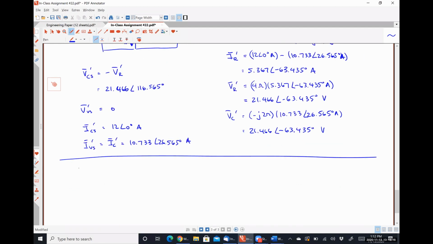Now we do the case with VS on and CS off.